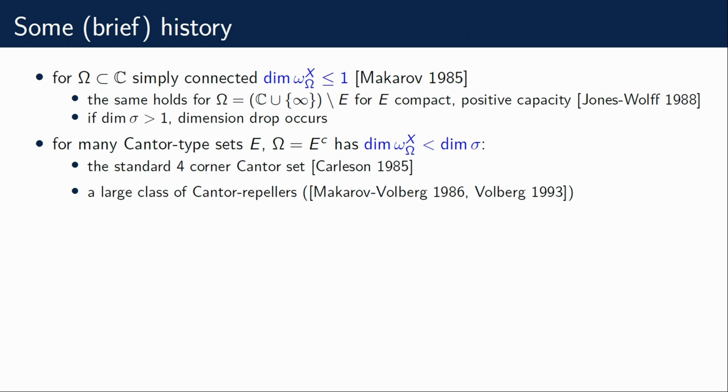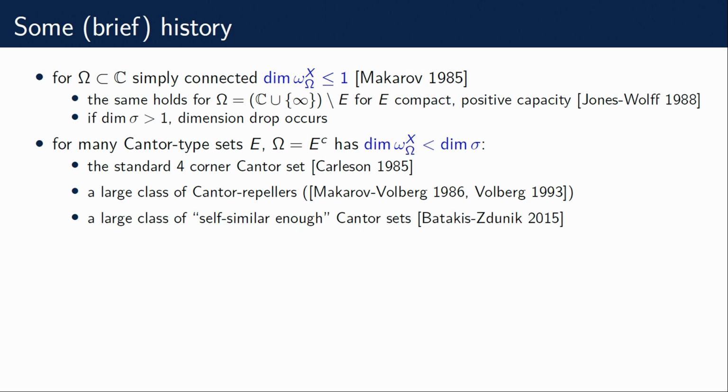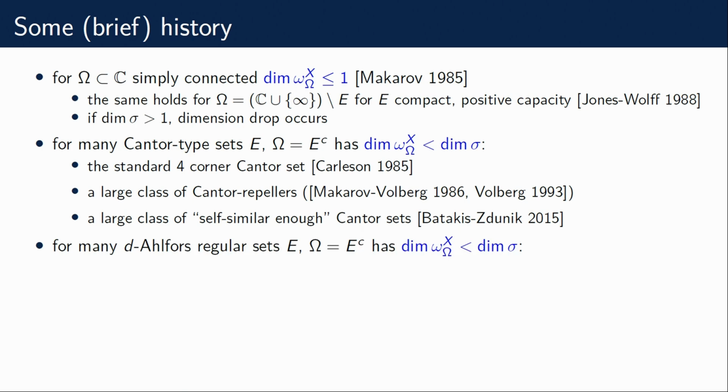This is just a fancy way of saying Cantor sets which have some self-conformal structure. And more recently, there are works of Batakis and Zdunik, which say roughly that for a large class of self-similar enough Cantor sets, the same thing holds. But they use somewhat different techniques which move into higher dimensions, which is important.